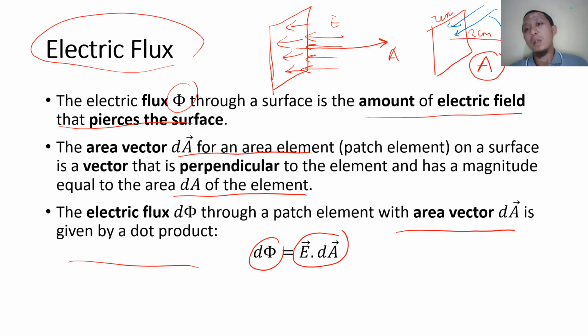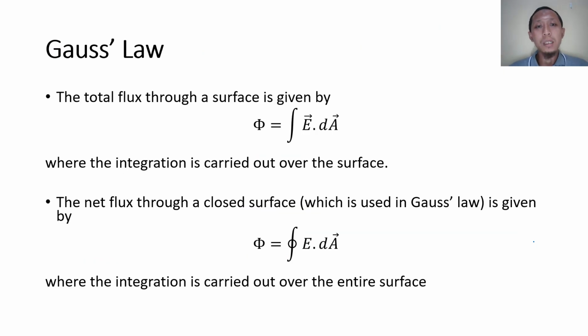So by using this one, we can use the dot product. Dot product means that for this condition, the flux is E dot dA, which is E dA cosine theta. The cosine theta is the angle between the electric field and the vector of surface. Okay, I hope you can follow this explanation.